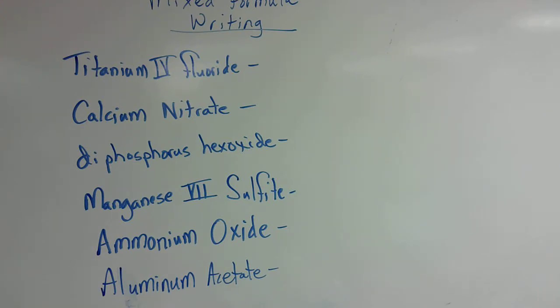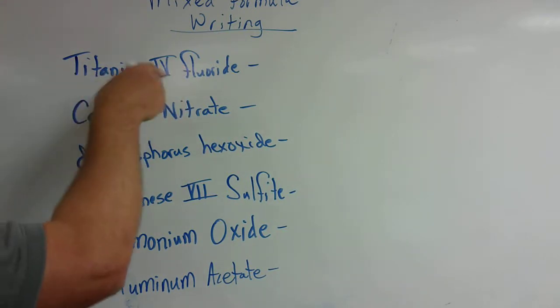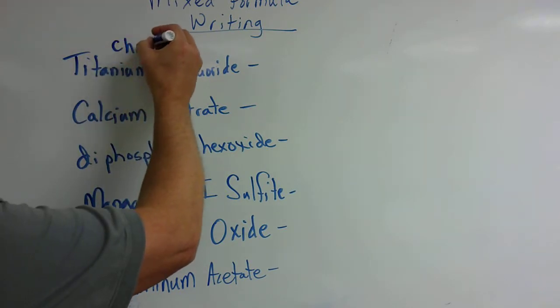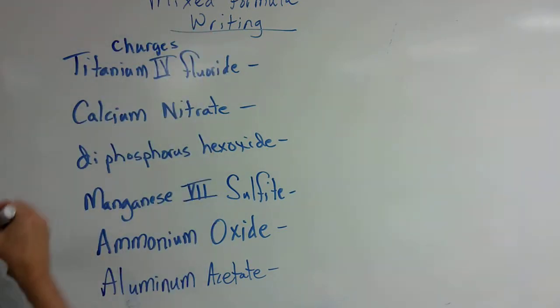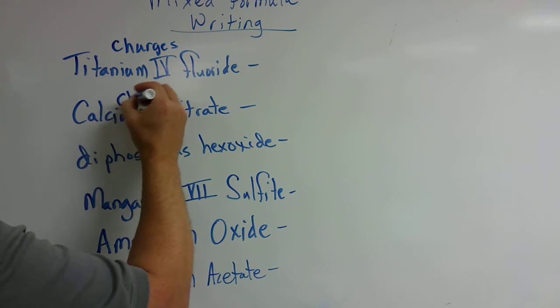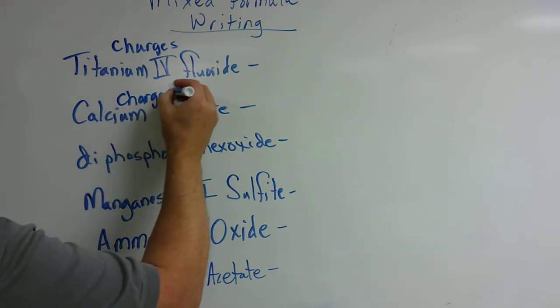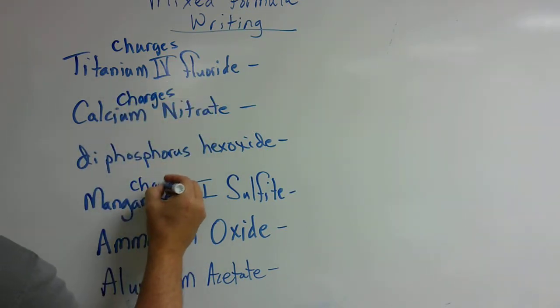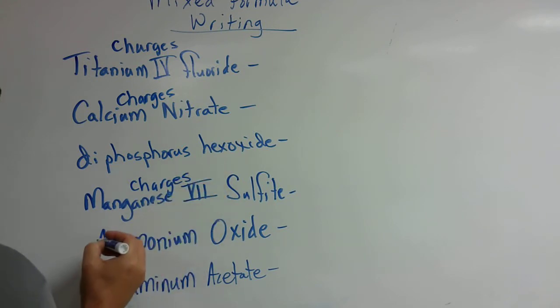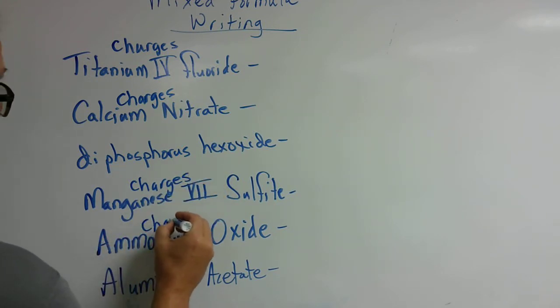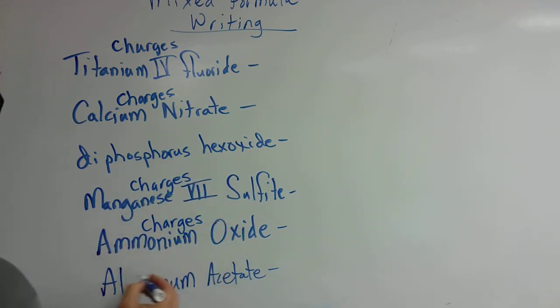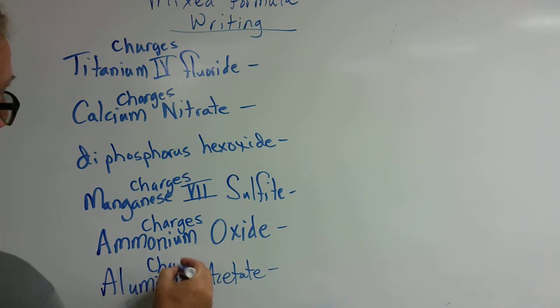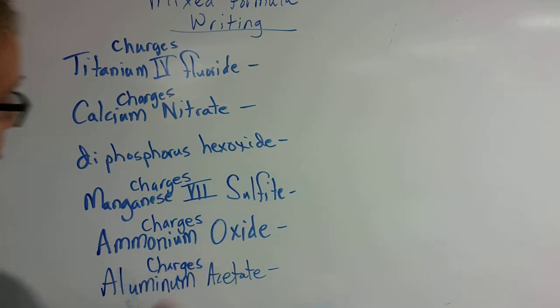If it does not have prefixes, now I have to do the charges. So if I look here, no prefix, charges, that means positive and negative. Charges, no prefix, charges, no prefix, charges, no prefix, charges, no prefix.